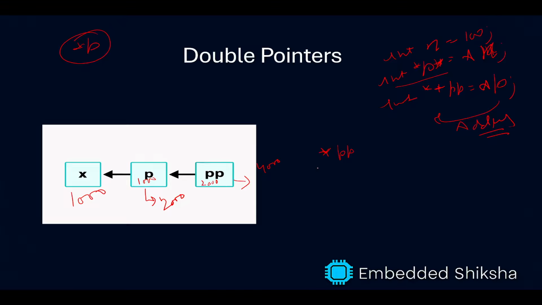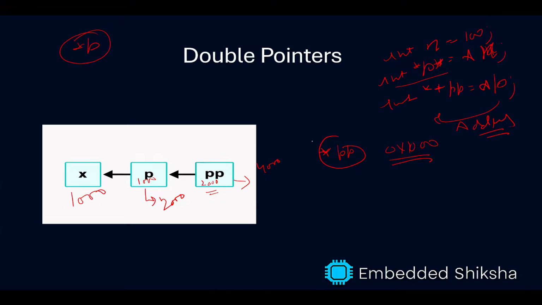Now the address stored in pp is 2000, right? Sorry, the address of pp is 4000, my mistake. The address stored in pp is 2000, and the value at 2000 is 1000. So when I write star pp, it will give me 0x1000.